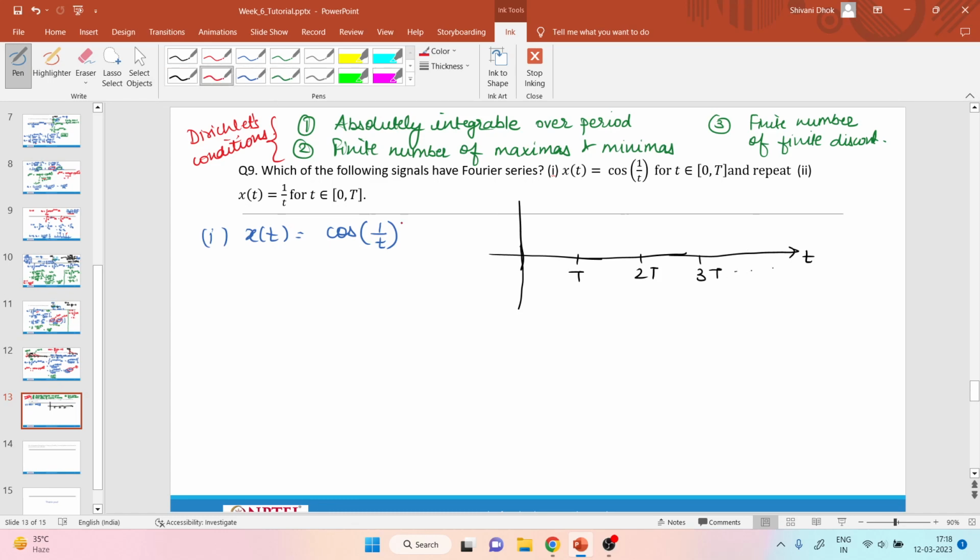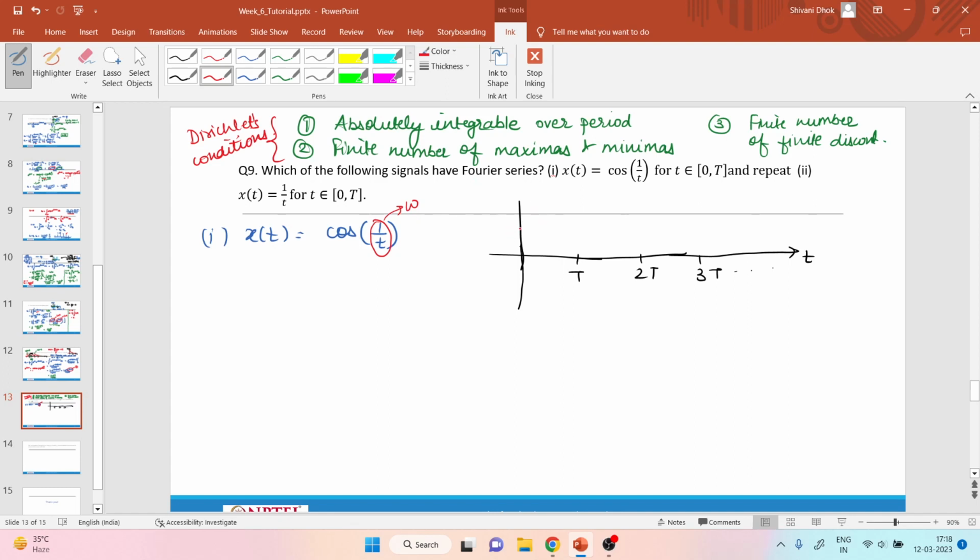Now if my t is very small, then this cos(ω), where ω is 1 by t, if this t is very small, my ω is very large, which means that I'll have very fast oscillations when it is near 0. At 0 its frequency is infinite, that is, I'm having an infinite number of oscillations at t equal to 0.